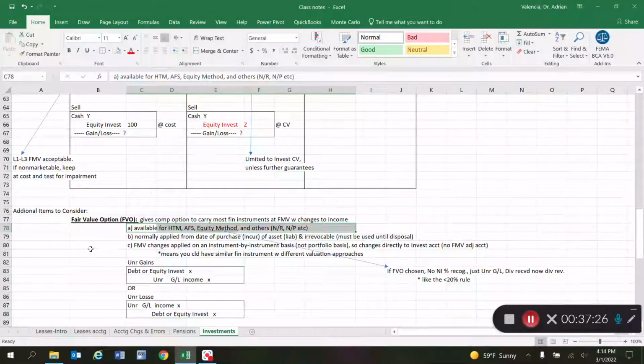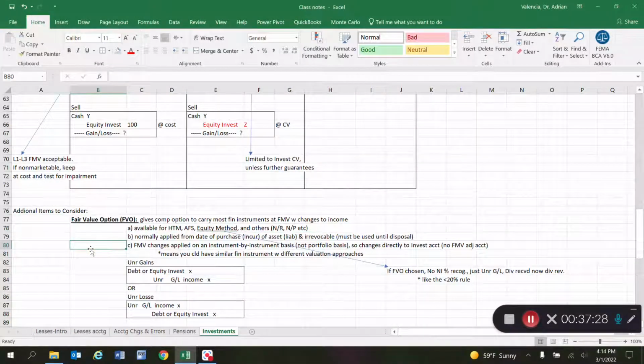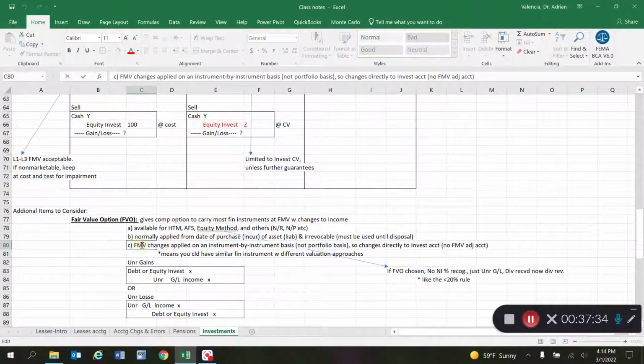Okay, now another thing that makes the accounting a little bit intricate with this is that the changes in fair market value, all these changes, must be applied on an instrument by instrument basis.